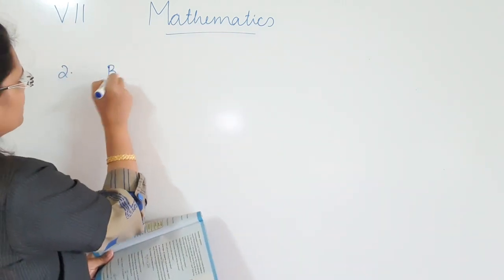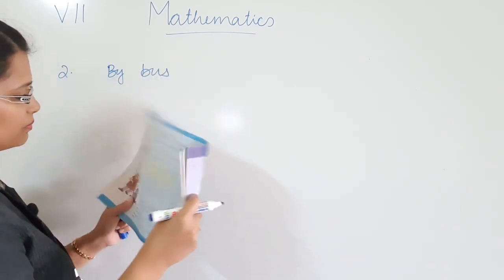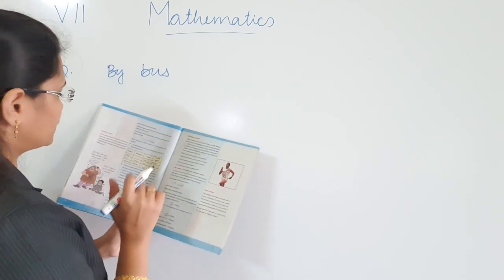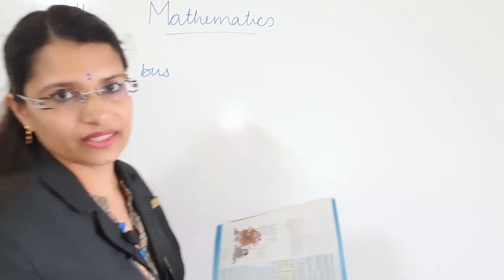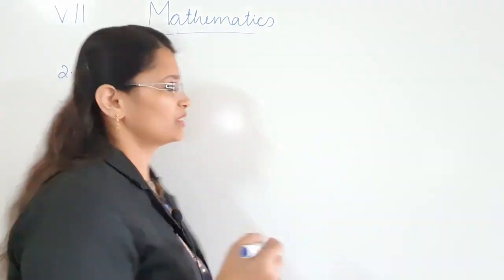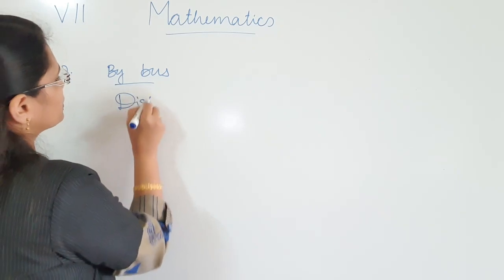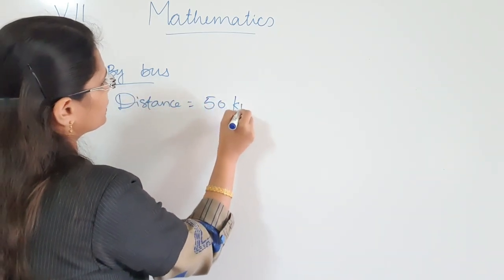First, we can write by bus journey. By bus, she has to travel 50 kilometers. So, what is that 50 kilometers? Distance. Distance is equal to 50 kilometers.